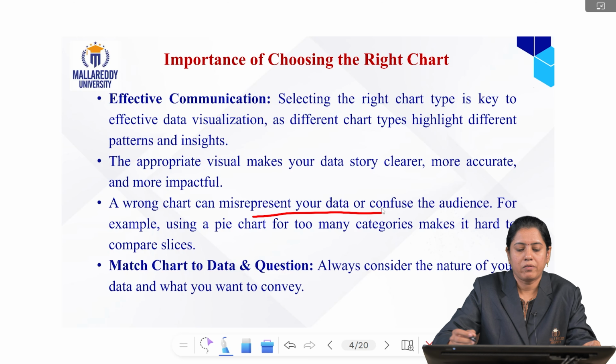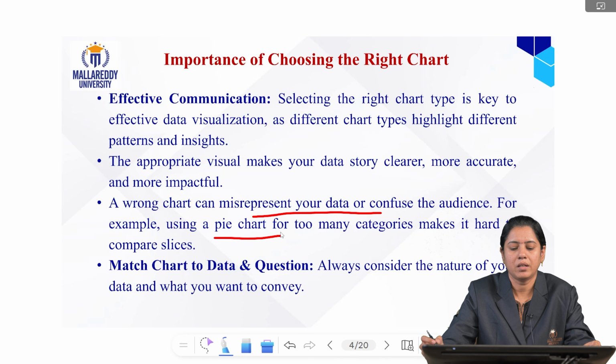For example, if you draw a pie chart for a variable which contains some 50-60 categories, it is very difficult to understand and very clumsy. So don't use a pie chart for a categorical variable which contains too many values. This is one example.